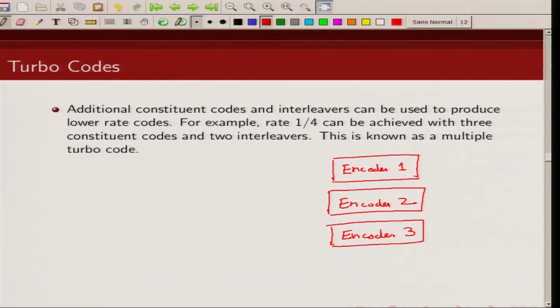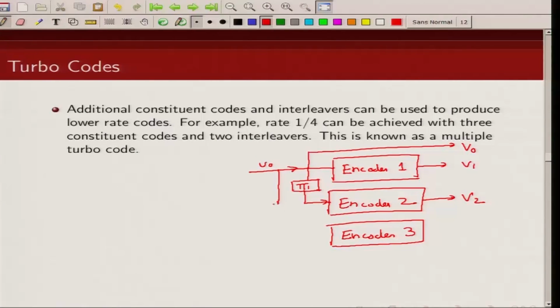And what I can do is, I can have information sequence coming in, let us say U. So, this is directly going out, this is V0, this is V1, and then I have interleaver, which I am denoting by this pi. So, interleaved bits are coming to encoder 2, it is generating some parity bits V2. Then I have another interleaver, I am just denoting it by pi 2, and it is being fed to encoder 3, and I get another set of bits.